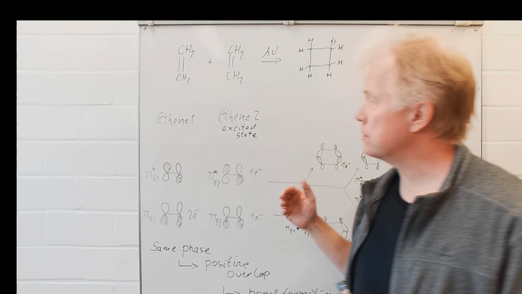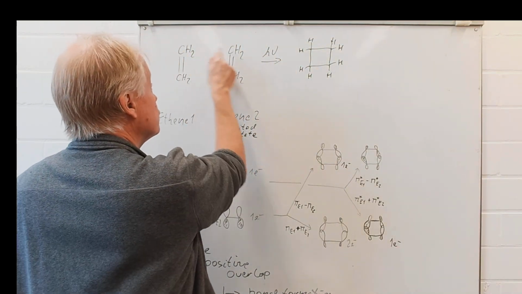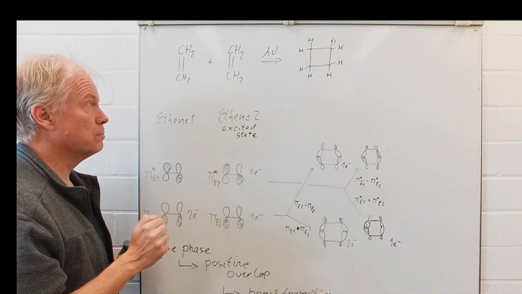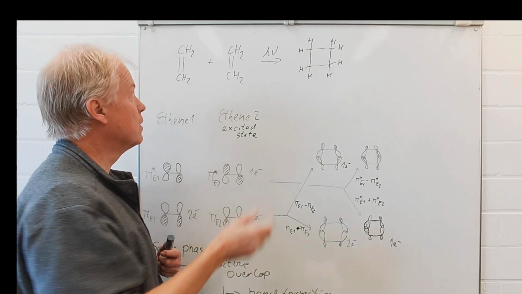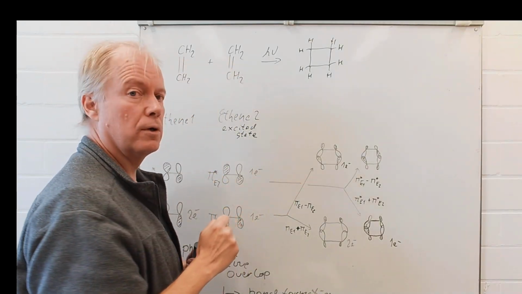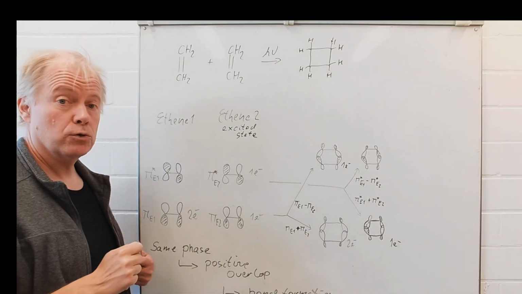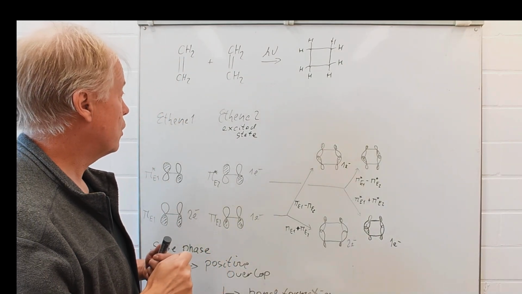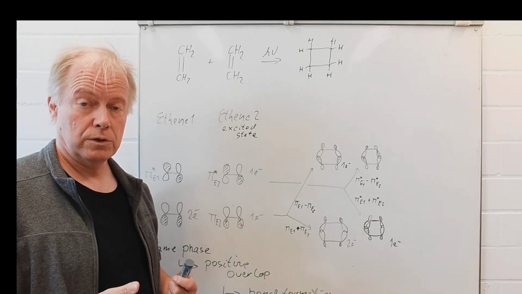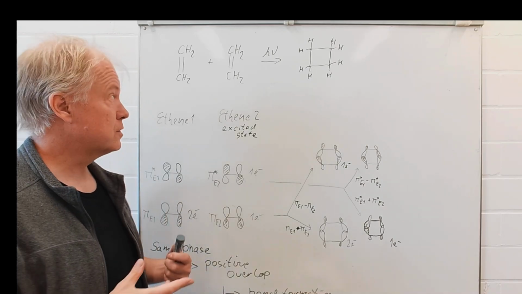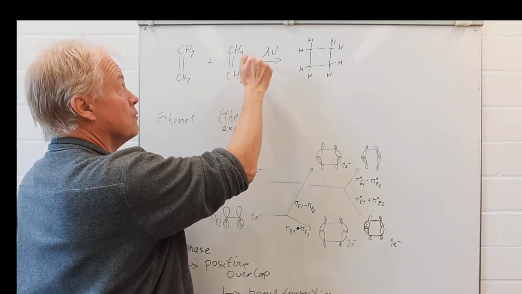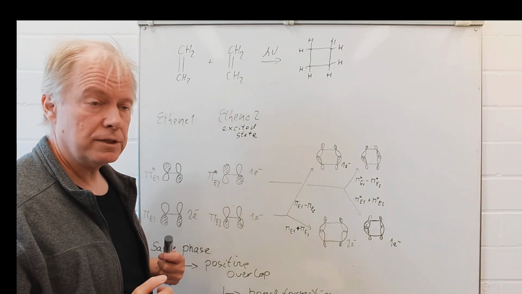This means that the two new sigma bonds are formed at the same time while we are losing those two pi bonds. According to Woodward and Hoffmann, it is a frontier orbital controlled process which is allowed after photochemical irradiation.